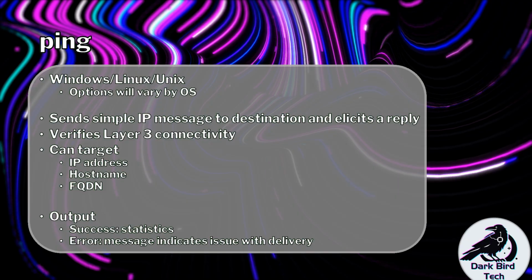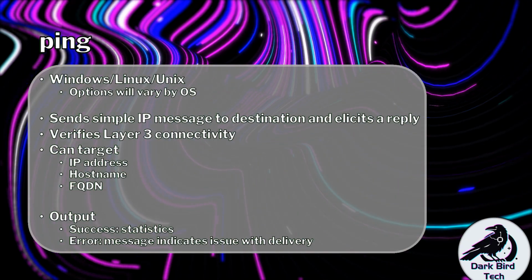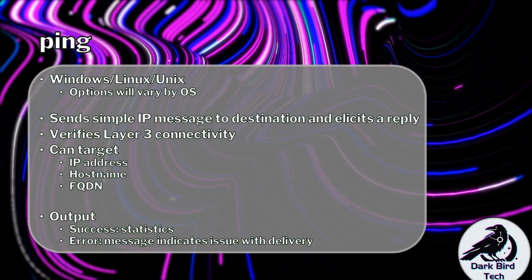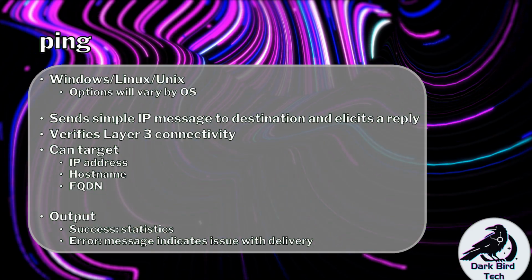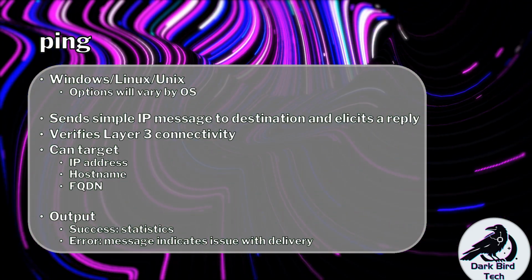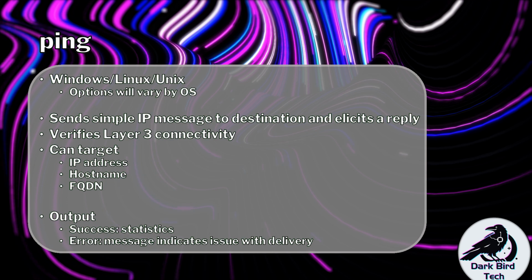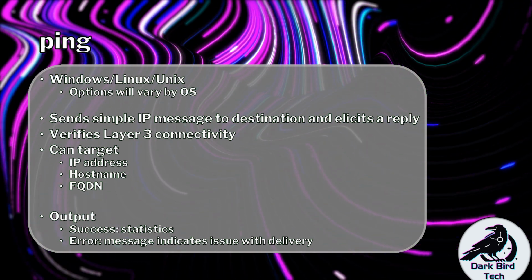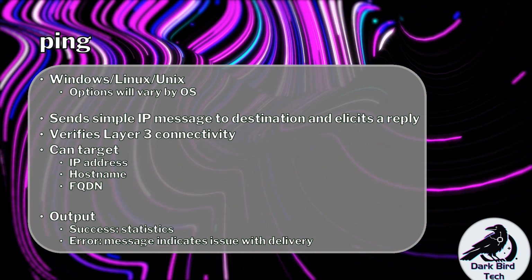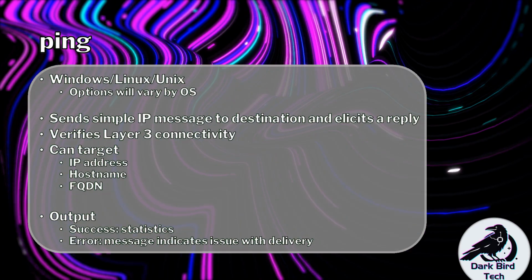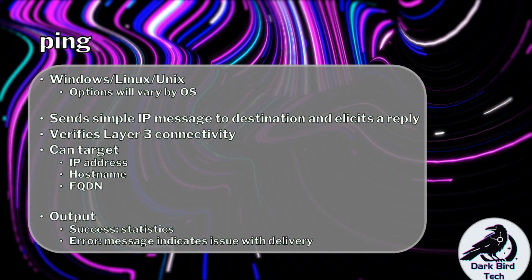If you get an error message, it will normally indicate roughly where the issue may be, such as host unresponsive or network unreachable. So read the error message and apply it to what you understand about the network and networking in general. It will help a lot to figure out where an issue may be.